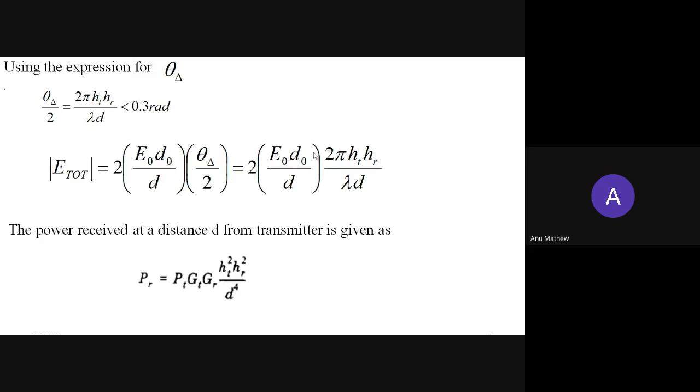That is the final expression for the total energy in the two-ray reflection model, the total energy of the received mobile radio signal. Then the power received at a distance d from the transmitter is given as PR equals PT GT GR ht square hr square divided by d raised to 4. That is the received power of the radio signal at the receiver.